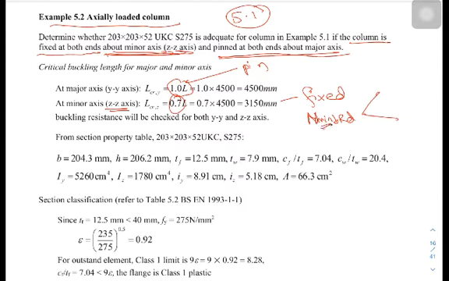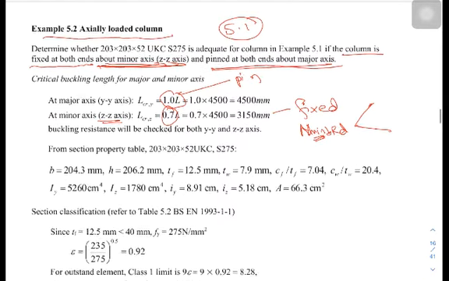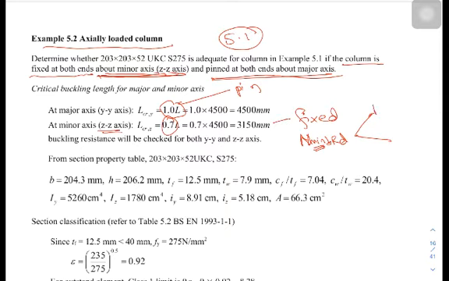That's the reason you take the minimum value, meaning to say that you need to calculate the NbRd for the y-axis and the NbRd for the z-axis. So you have to check both and get the minimum value. That will be the one that will be used.